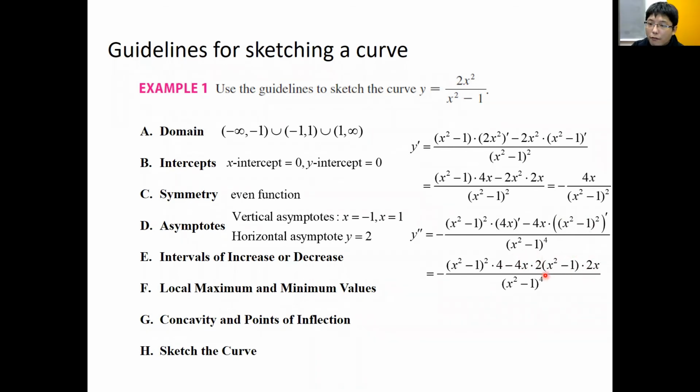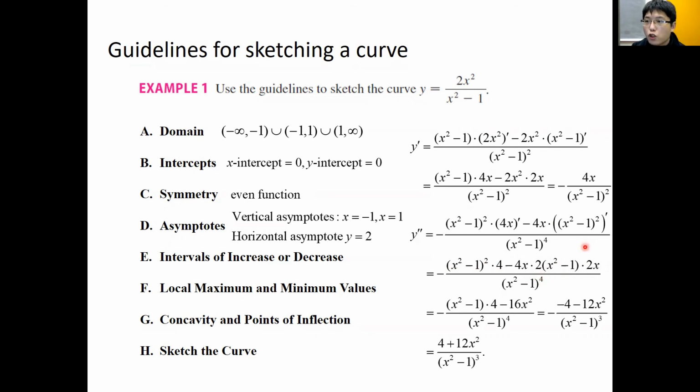Okay, to simplify this guy, we will first notice that the numerator has a common factor x squared minus 1. So we can get rid of this guy and this square, and moreover, rewrite this guy to be cubed. So this way we cancel out the common factor. So what's left in the numerator? We have 4 times 1 copy of x squared minus 1. So this is how this term comes from, together with 4x times 2 times 2x. Well, these guys will combine to be minus 16x squared.